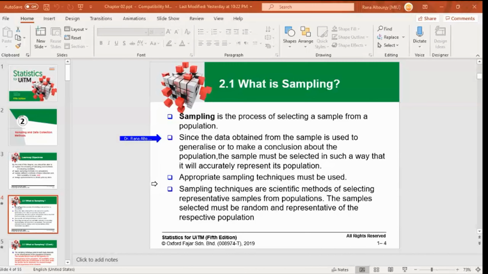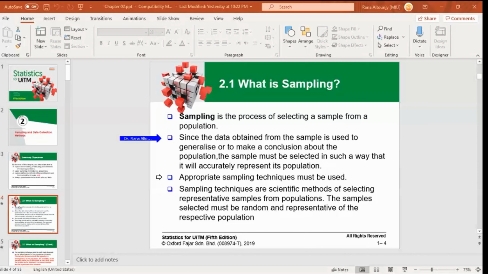We need to be very careful when we are choosing our sample. We cannot just rely on whatever sample we see, or just decide. Actually, in some types of sampling methods, you are the person who is taking the decision: who are the sample and what is the sample.